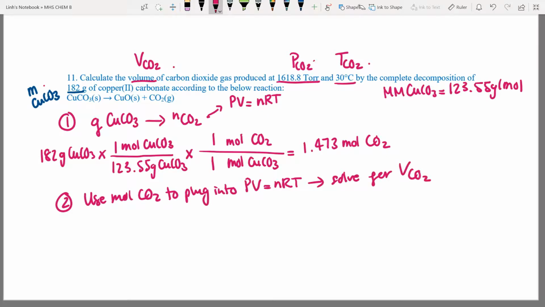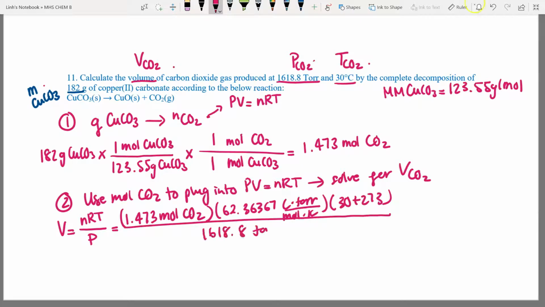Now I'm going to rearrange PV equal nRT to isolate V. So that actually gives me this. And then now it's just a matter of plugging in the equation. When you punch all that into the calculator, you should get 17.2 liter of CO2. So that's type number 1.